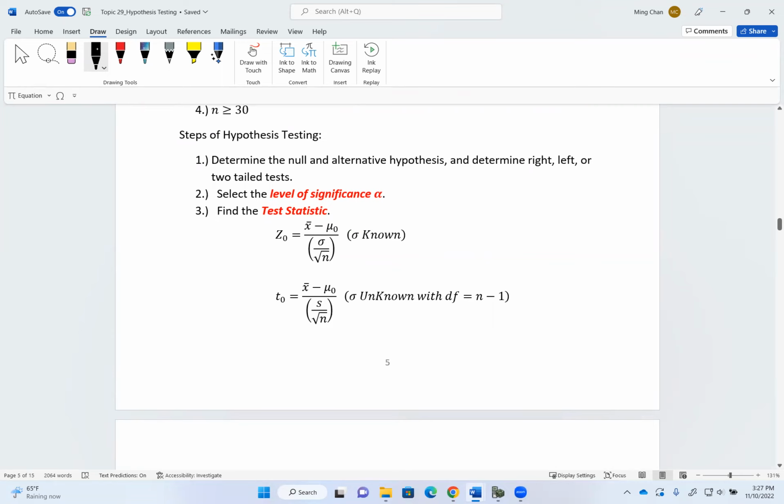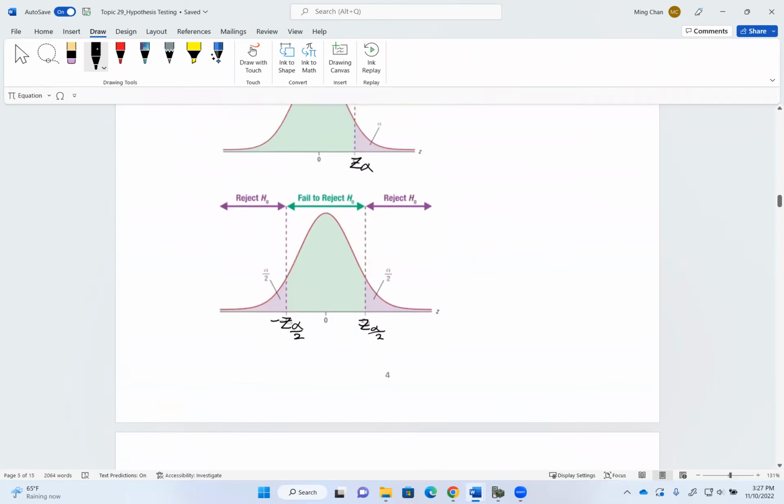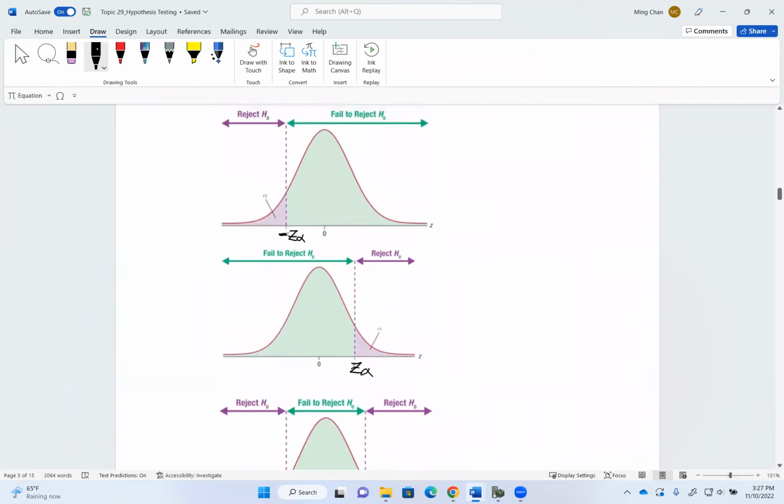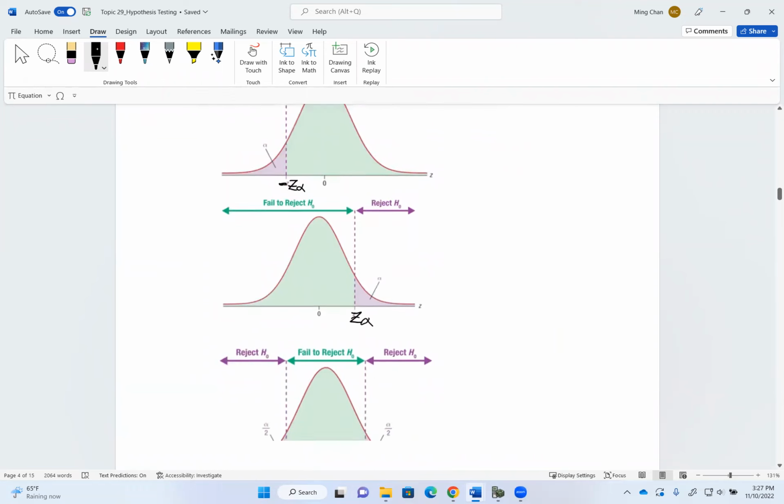Now we have to do a little bit of work to find the test statistic. These are the numbers that we're going to test, Z sub null. So if I go back up here, Z sub null is the number we're going to test. The critical value is Z sub alpha, or negative Z sub alpha.